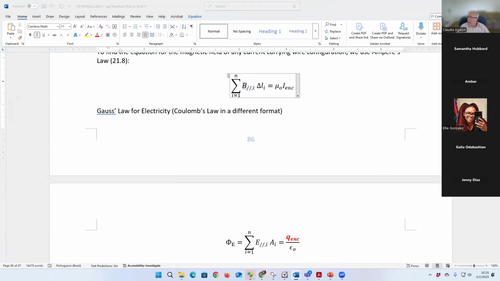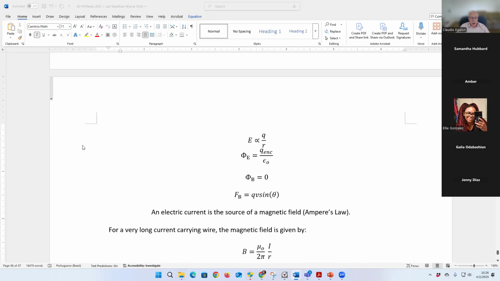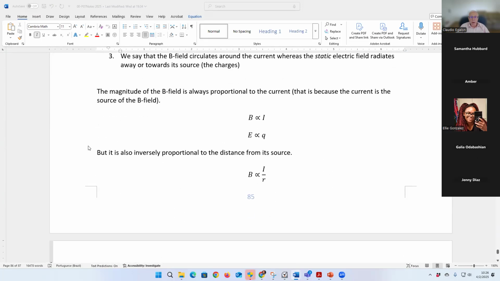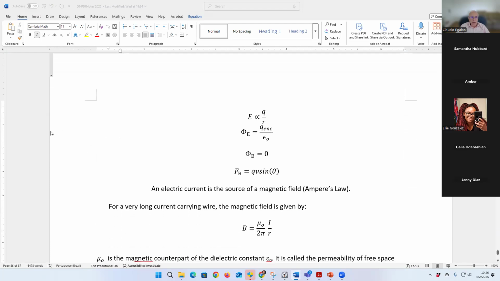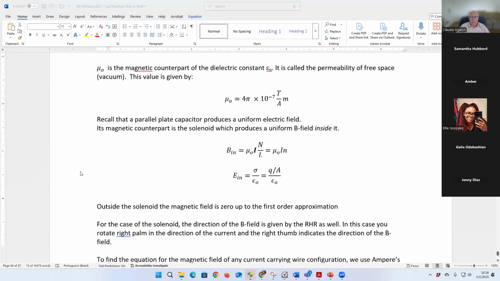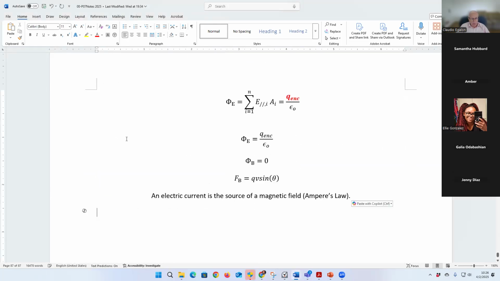Now, let's refresh our equations, or laws of physics.